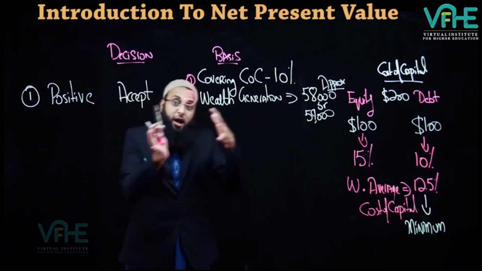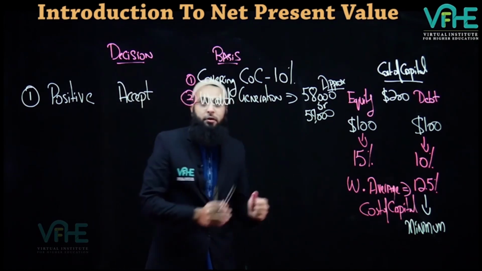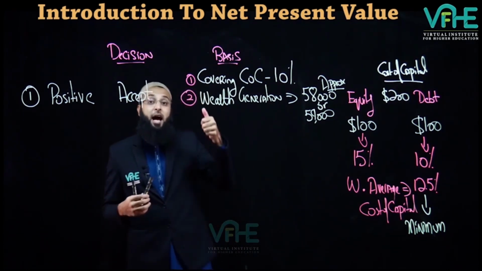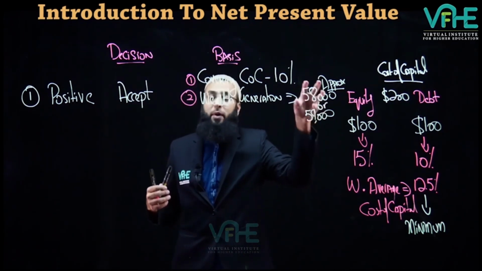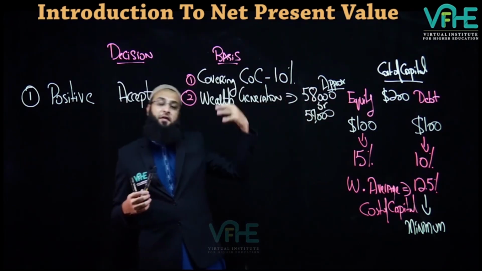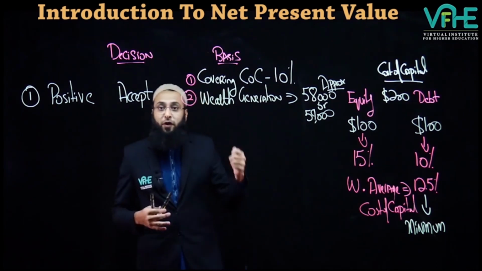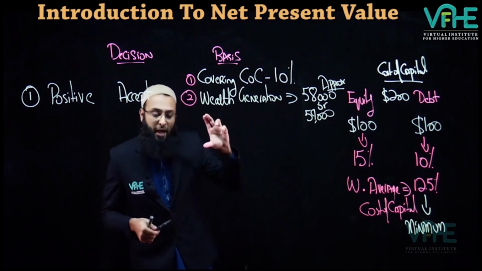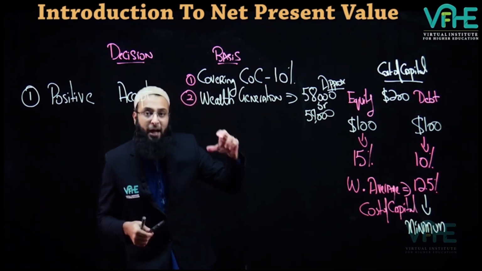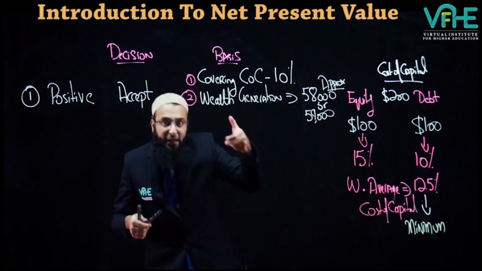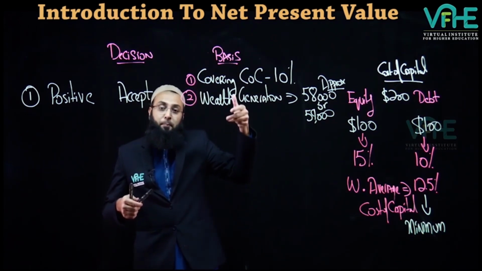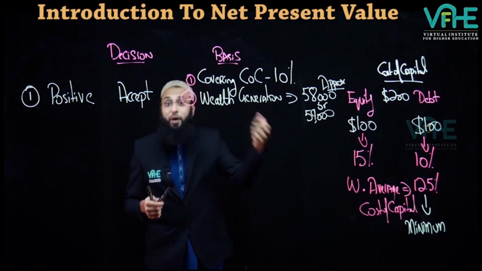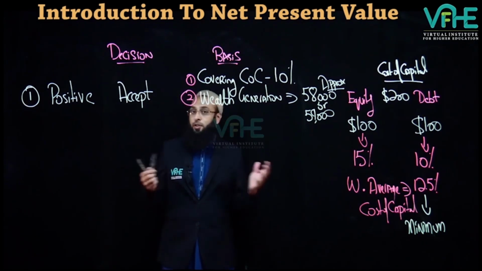So the extra amount, the additional amount, the net positive difference, which is known as NPV, is the amount by which the wealth is being generated, which is here 58 or 59,000 if we use the previous question numbers. So the amount by which the net answer comes positive, that positive differential amount, is known as NPV, and this is the amount by which the wealth is generated for the shareholder. So this is the basis.